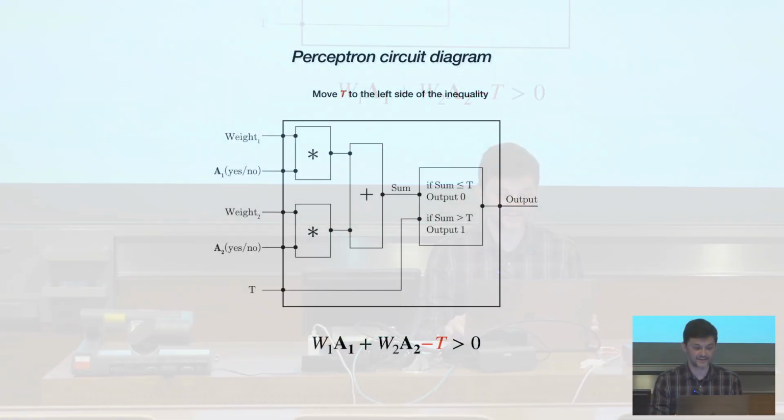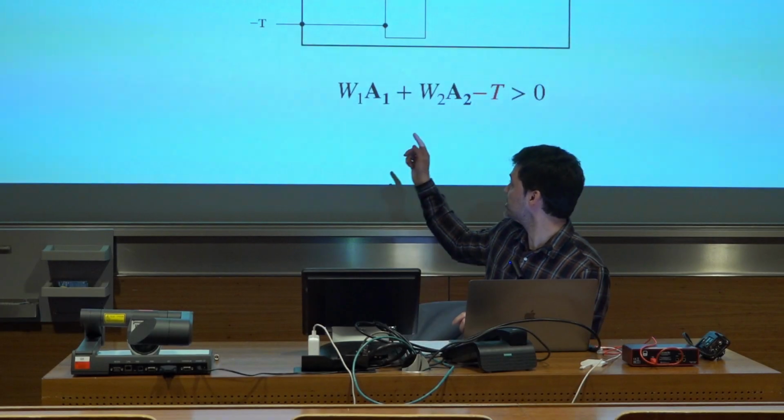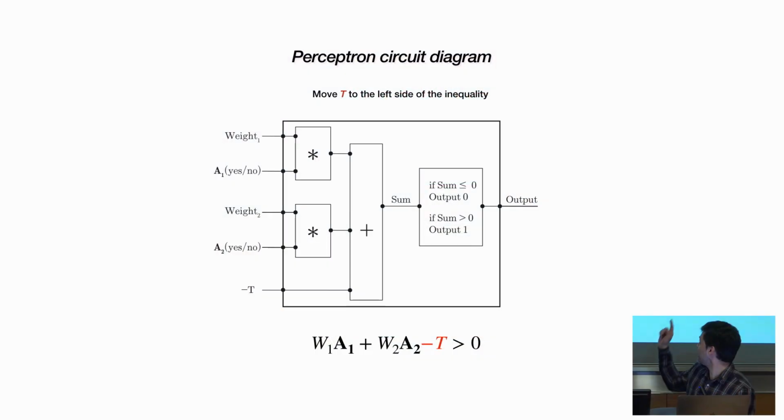Then how does this change the diagram itself? Well, now we have another input, which is negative t, which is added to this weighted sum. If the sum is less or equal than 0, output 0, and if the sum is bigger than 0, output 1. So this is how we change it.